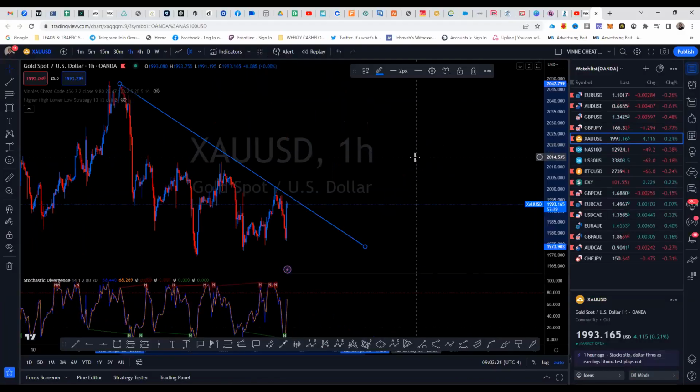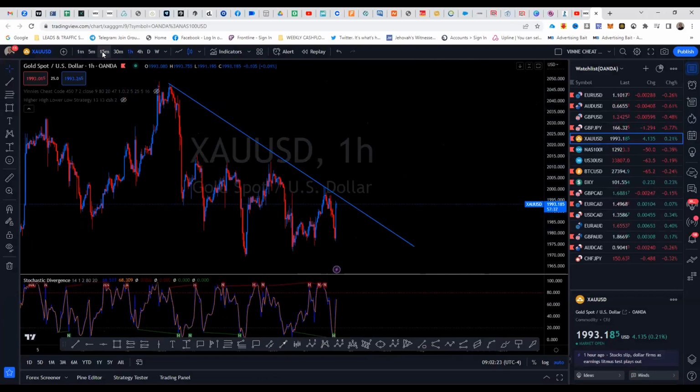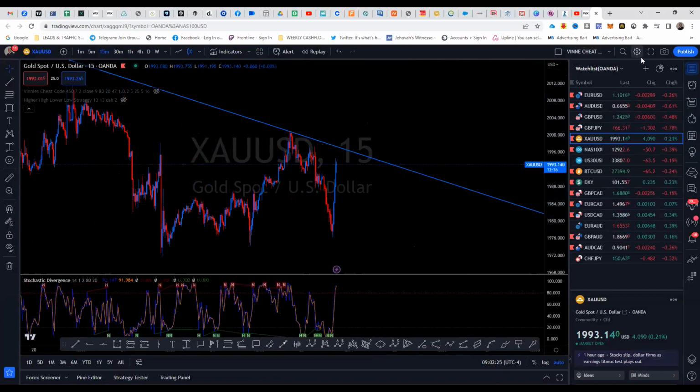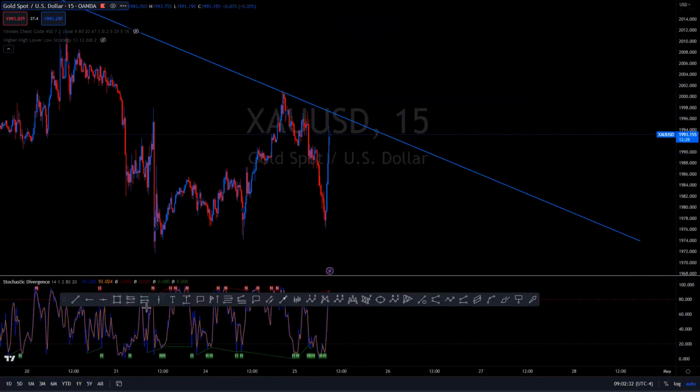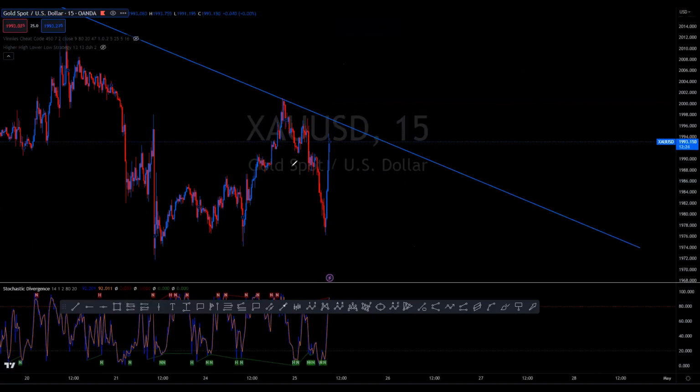Now, when we go to the smaller time frame, we're going to figure out what the current trend is. We can see that with this current trend here, price is overall bearish as well. Why is that? Because price broke this structure, swung around, broke this structure as well, and broke this structure.